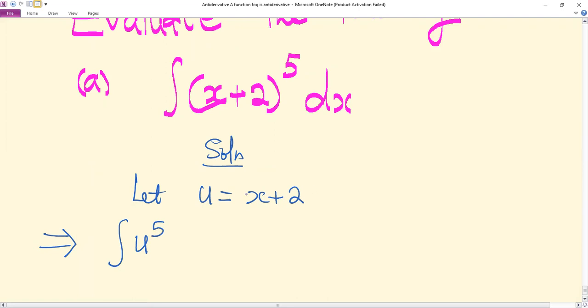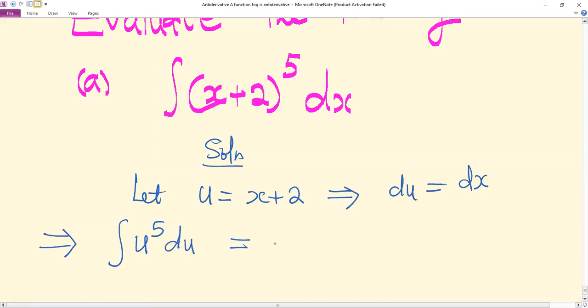And remember, once you say let u be this, then du dx is the same as 1, and you multiply through by dx. So du equals dx. So where there is dx in this integral, you replace it by du. So it will be the integral of u raised to power 5 du.